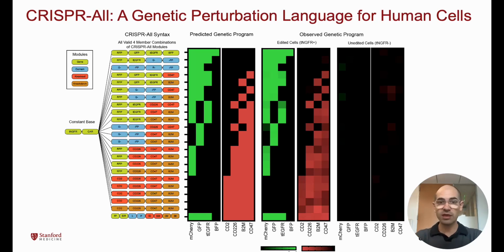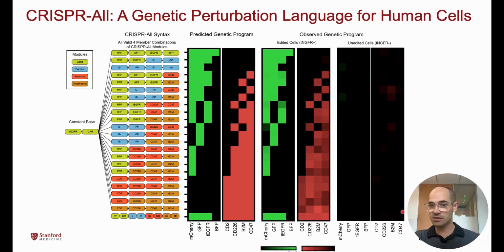And what we can see in the center column here is the predicted genetic program that we expect in the cell. And then on the right 2 are the observed program that we actually see, and this is based on protein expression in single cells by flow cytometry. In successfully edited cells that have the constant gene knocked in, we observe essentially the exact same pattern as predicted.